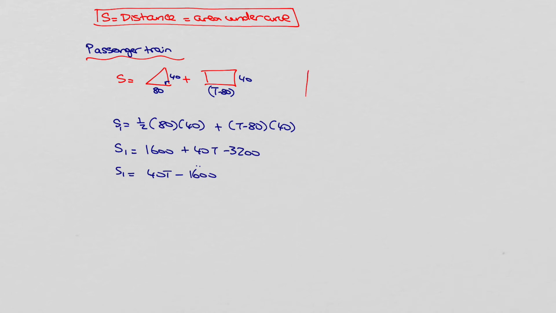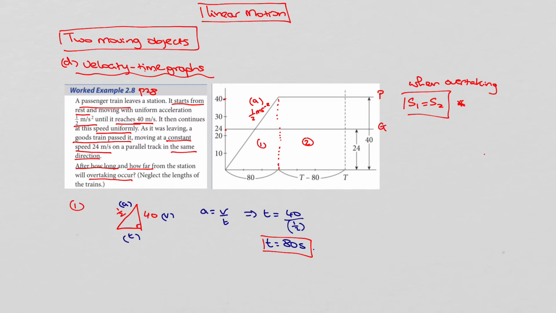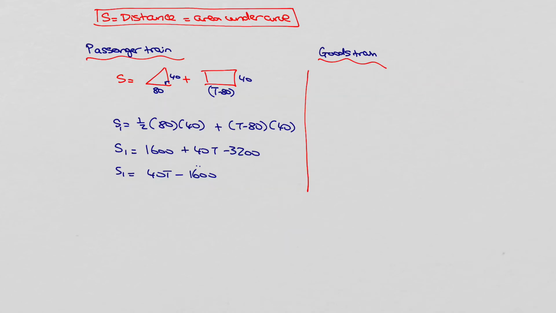So if we do the same for the goods train, well, the goods train is travelling at a uniform speed. So if we go back, the shape is just a rectangle with base t and height 24. So in other words, the distance travelled by the goods train is going to be represented by the area of the rectangle, which is length by width.